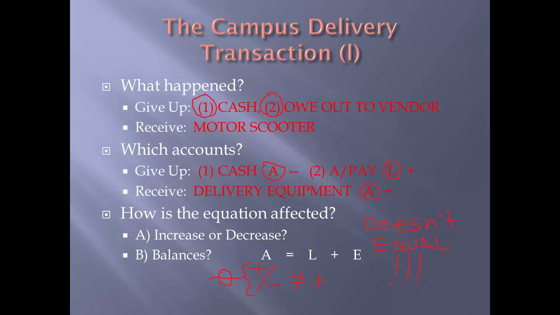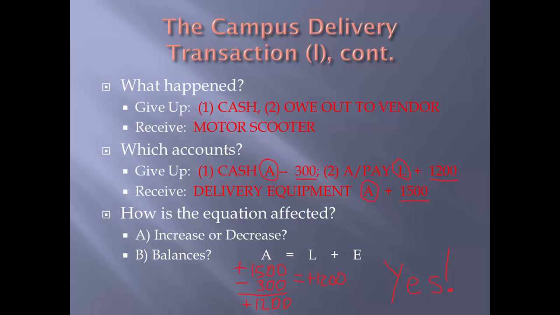But when I put these pluses and minuses down in my accounting equation, I have a plus and a minus under assets, which we said before washes out to 0, and I have a plus under liability. So now I have 0 equals plus. Well, 0 does not equal plus. My accounting equation appears not to balance.